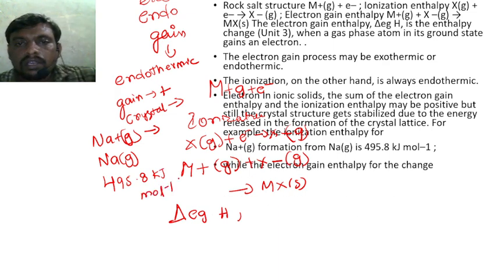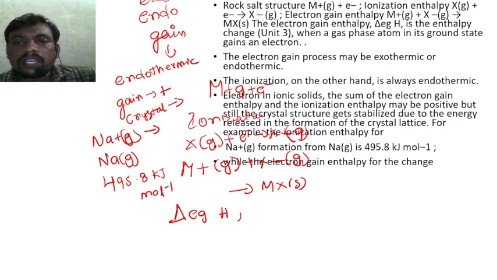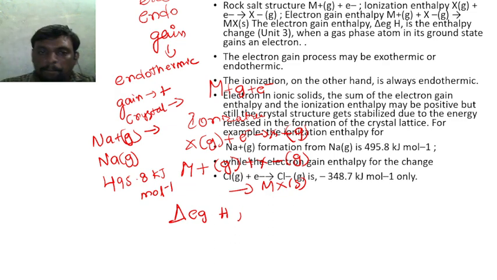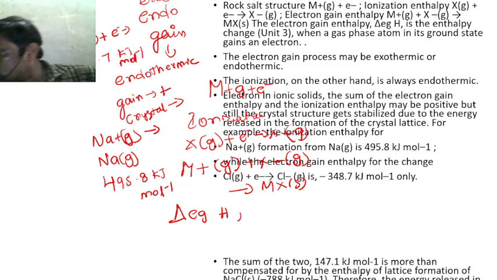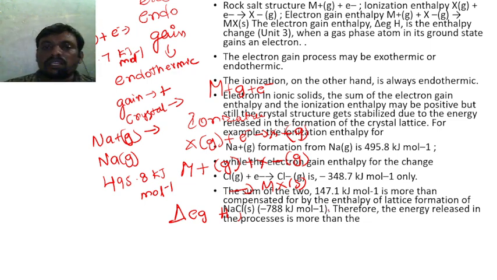While the electron gain enthalpy for chlorine, Cl(g) plus an electron, is minus 348.7 kilojoules per mole.